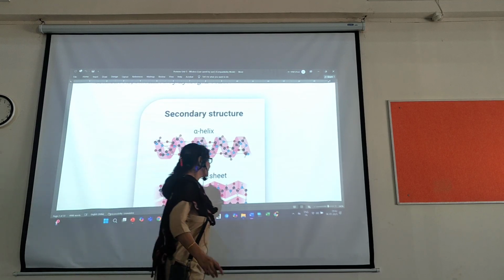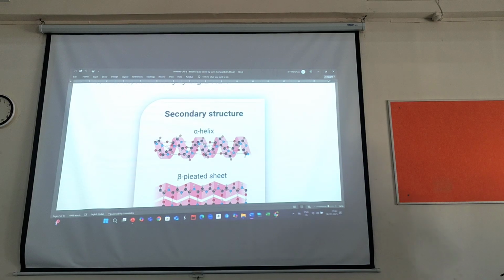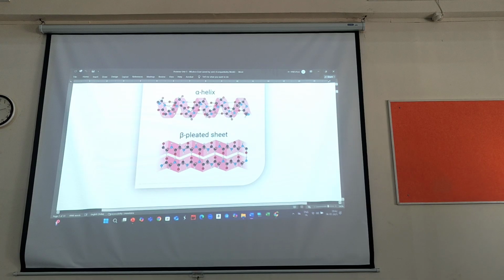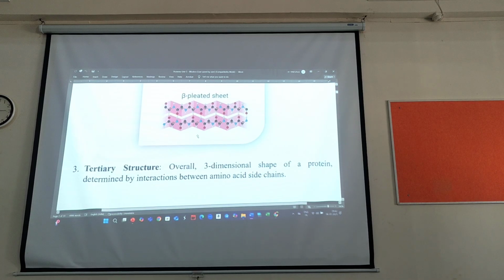Understood this? So two types of structures form, alpha helices and beta pleated sheets.